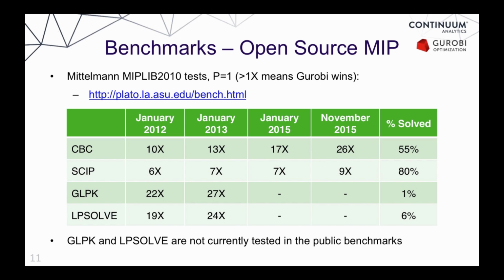I don't want to spend too much time on this, but the main takeaway is that Gurobi's performance advantage over these solvers is significant and only improving over time. Moreover, some of the most widely used solvers like GLPK and LPsolve were dropped by Hans a while ago because they were no longer competitive enough. Feel free to visit Hans' website and you'll see that Gurobi is also the leader amongst commercial solvers as well.